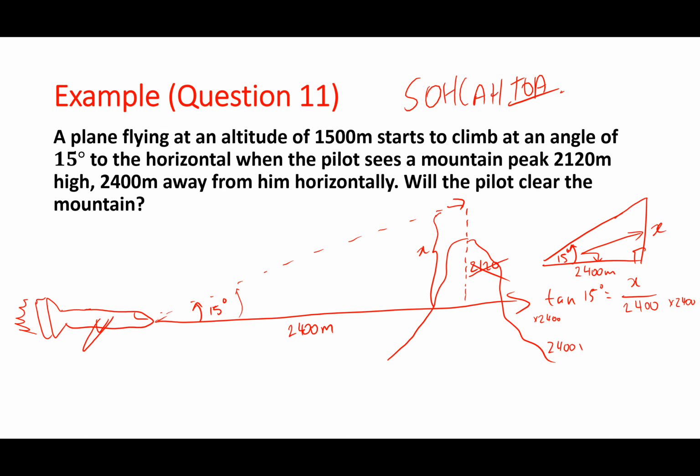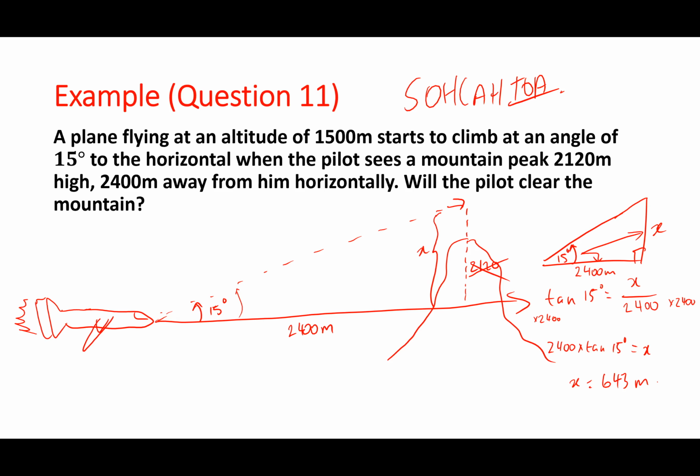I'll actually do this one for you, so 2,400 times tan of 15 degrees, and that gives us 643 meters, okay, to the nearest meter.